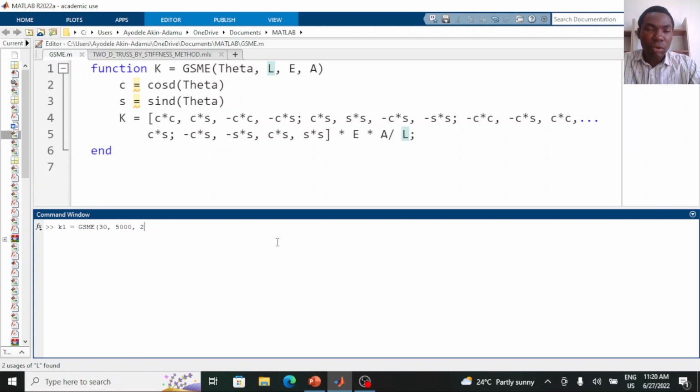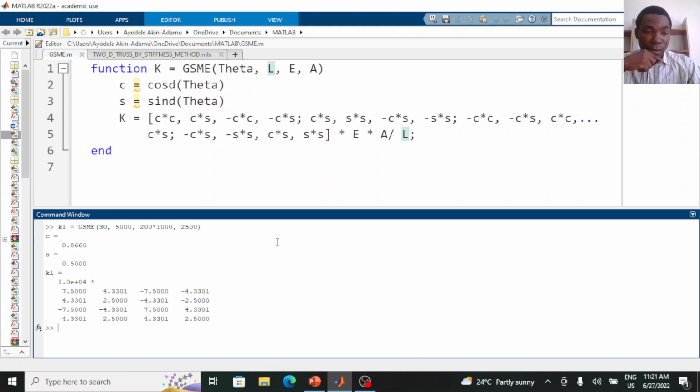Young modulus say 200 gigapascal. I like working in Newton per millimeter square, so 200 times 1000 Newton per millimeter square. The area, say 50 mm by 50 mm cross section, that is 2500 mm squared, the cross-sectional area.